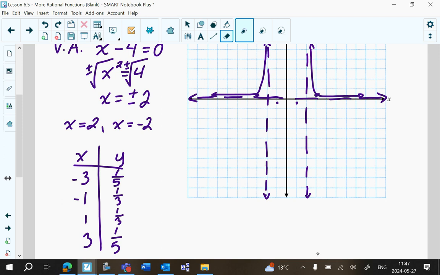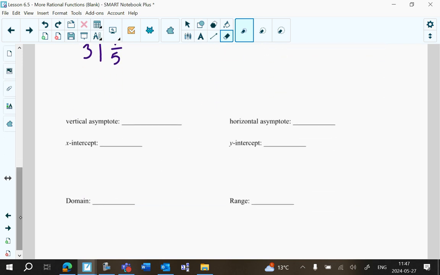Okay. There is another point that we could find. How about the y-intercept? What would the y-intercept be? So we make x equal 0.